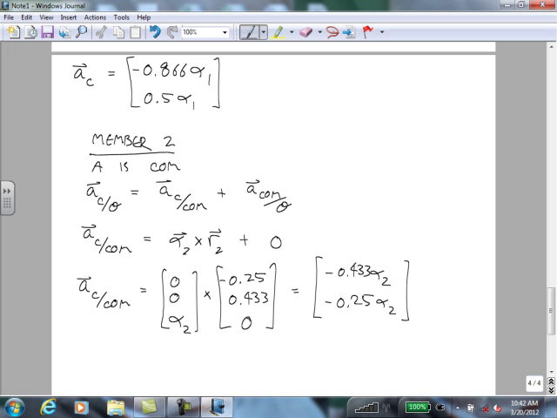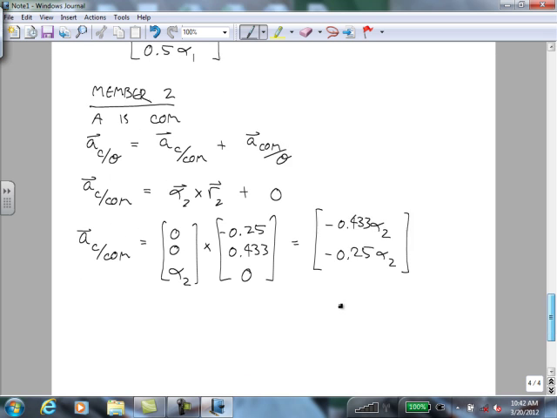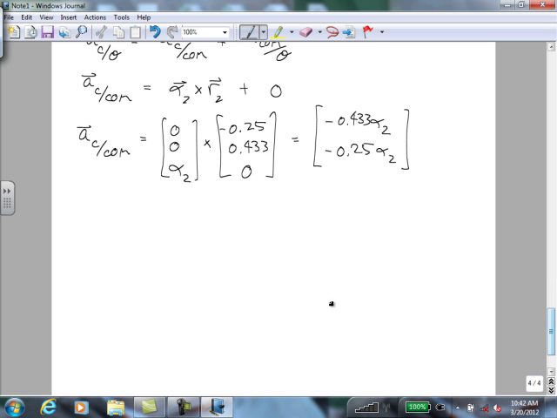And so then the acceleration of C relative to the origin is negative 0.433 alpha 2, negative 0.25 alpha 2.